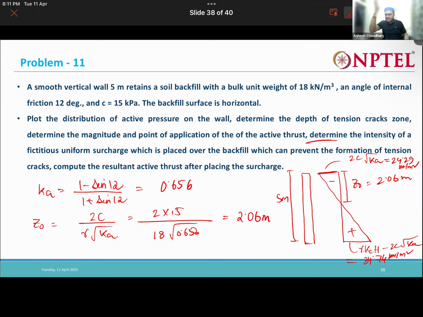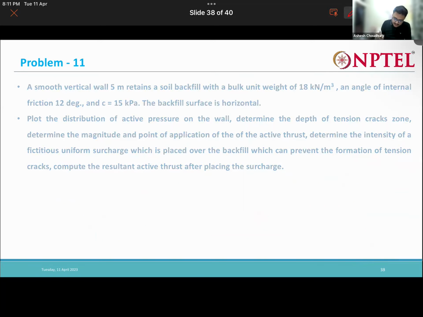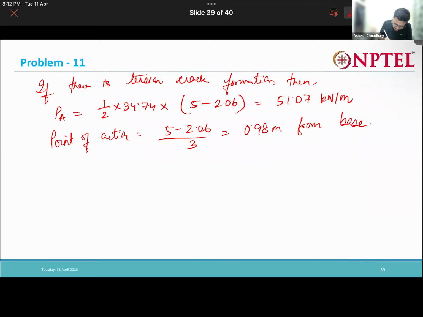No tension means whatever surcharge we place here at the top, that should cancel this 24.29, right? Because it's negative, isn't it? Right. This 24.29 is negative. This should be cancelled by applying a surcharge. So let Q be fictitious surcharge.